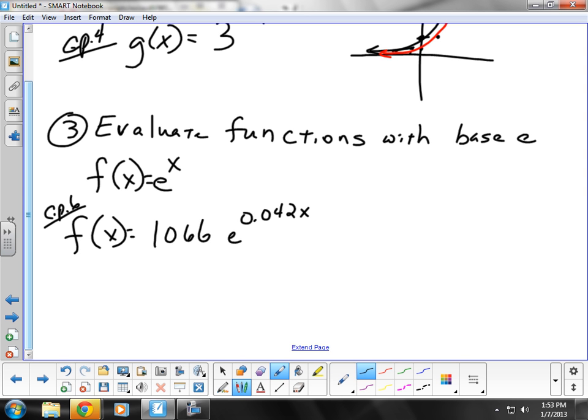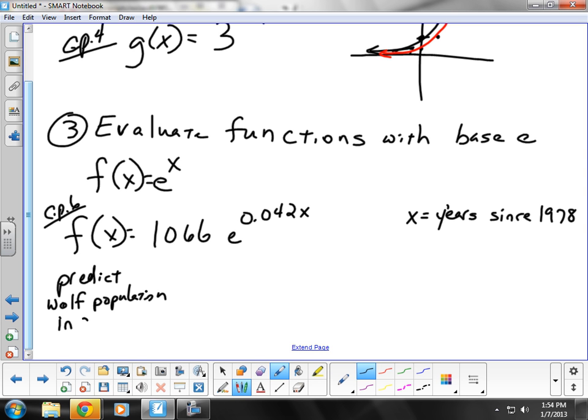And x is how many years it's been since 1978. So it wants us to predict the wolf population in this area in 2012.